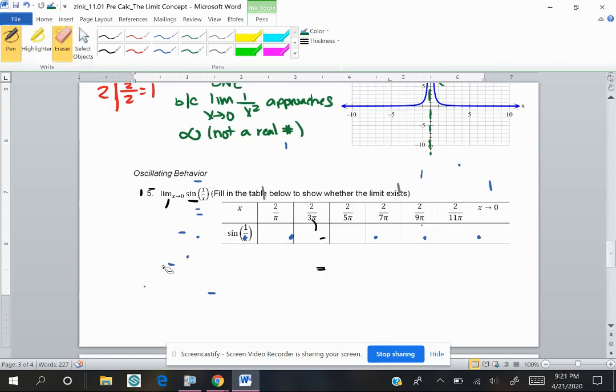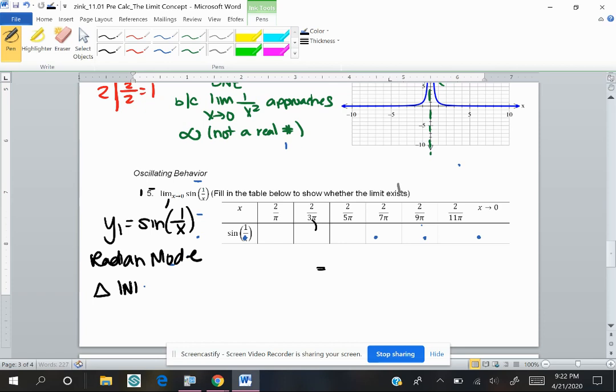And the third one, you can probably guess since we've done the first two. It says fill in the table. So what I'd like you to do is go to your calculator, type in your y1 is sine of 1 over x. Since I see all these pi's here, I want to put my calculator in radian mode if it isn't already, and I'm going to change the independent variable to ask.